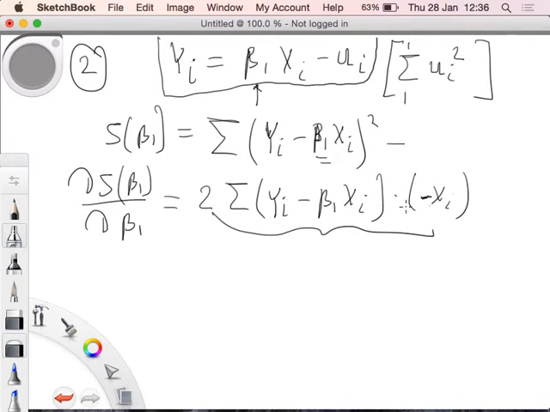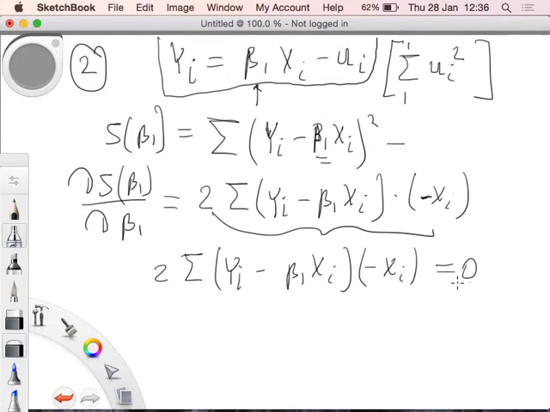If you equate this to 0, then you should get something like this. And once you equate it to 0, this will be hat. Now it's an estimator, because beta 1 could be anything. We usually denote estimators with hats.